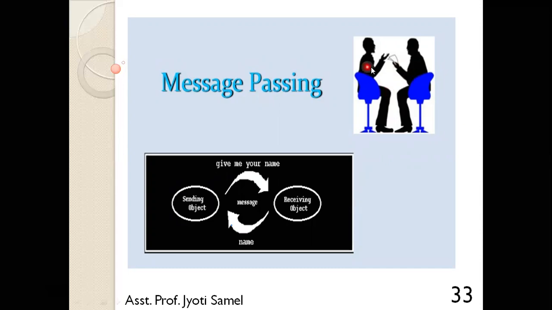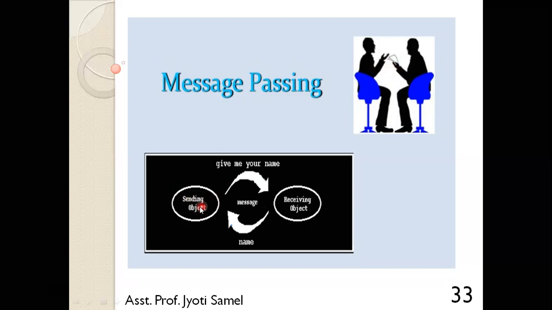Here we find two persons having a conversation. This conversation means they are passing messages until and unless both of their languages are clear. They are understanding, so definitely they are having a healthy communication.